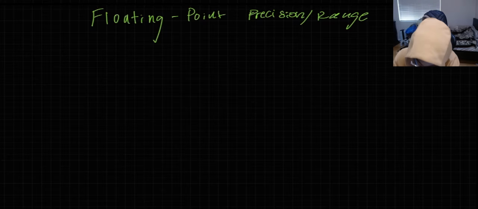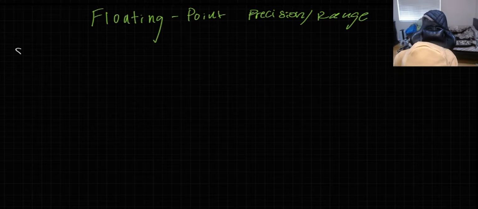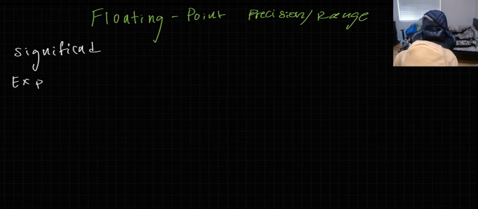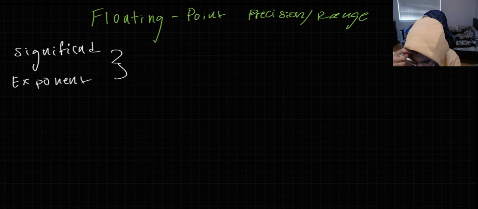And that pretty much means that they are comprised of a significand and an exponent. The significand is the binary digits to the right of the decimal point, or basically how many it can hold.